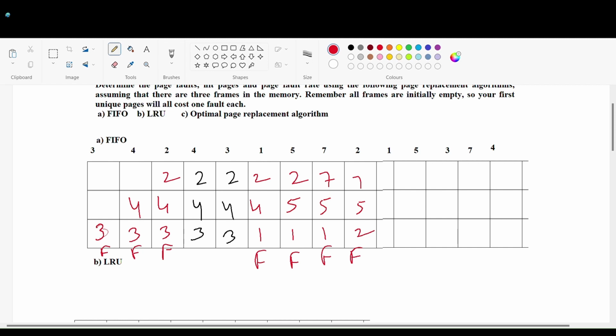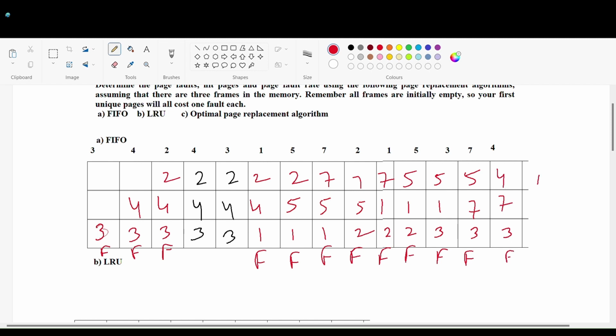Then 1, so 2, 1, 7, this is also a page fault. 2, 1, 5, this is also a page fault. 3, 1, 5, this is also a page fault. 3, 7, 5, this is also a page fault. 3, 7, 4, this is also a page fault.